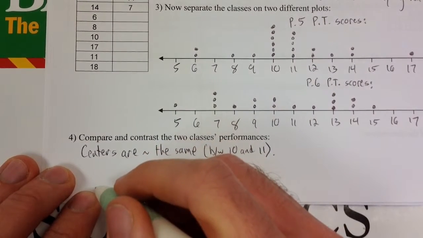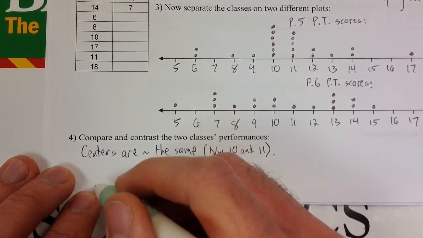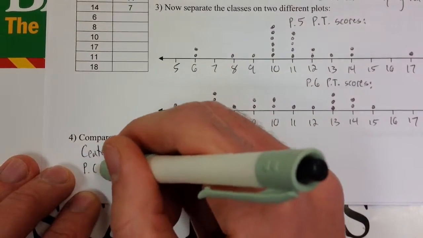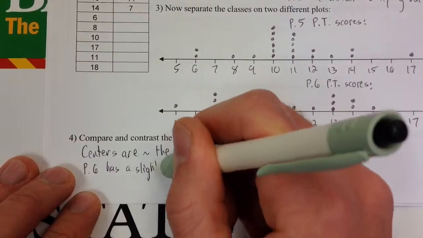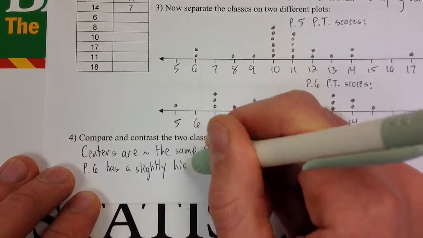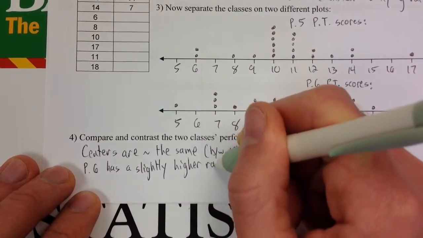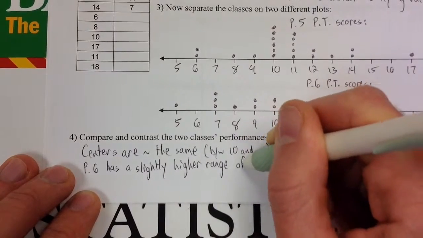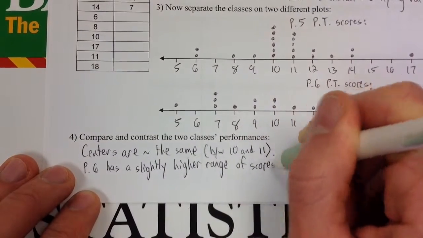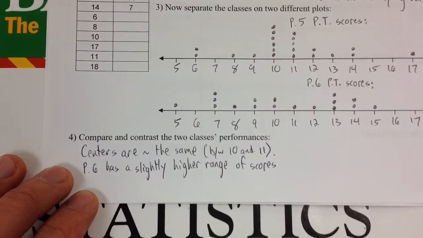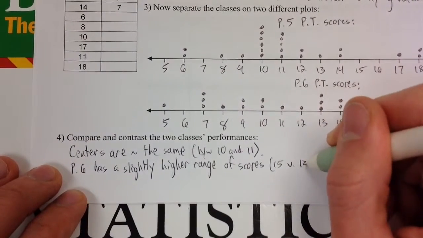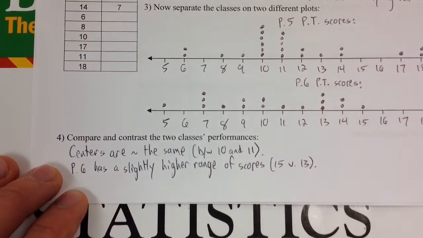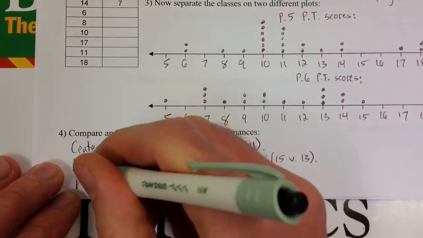Period 6 has a slightly wider range of scores, 15 versus 13. Both are skewed to the right.